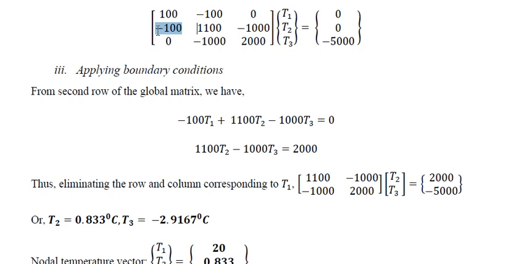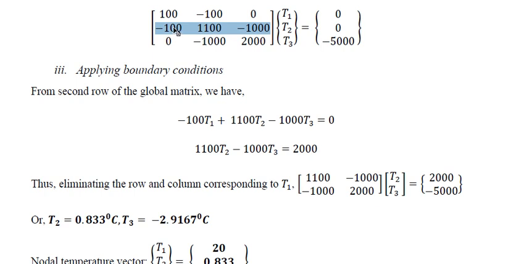We cannot eliminate this minus 100 directly because the first column is having minus 100. Since T1 is known, consider this second row and try to eliminate this minus 100 term.